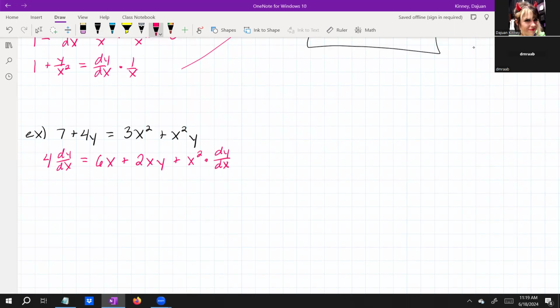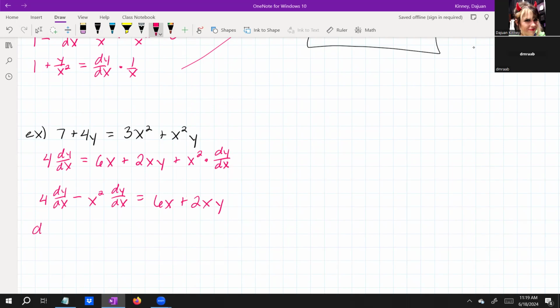All right, everything with the dy dx goes on the left. Everything else is going on the right. So 4, no, that's fine. Minus x squared dy dx equals 6x plus 2xy.